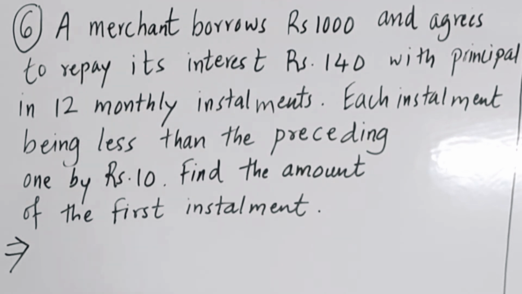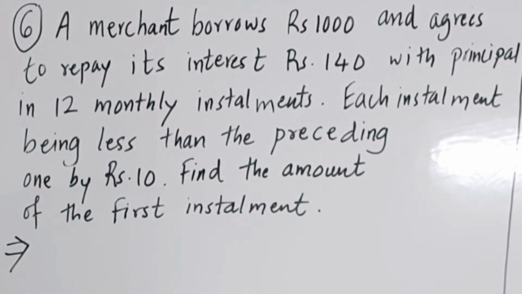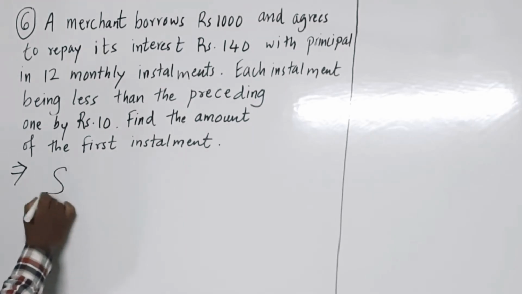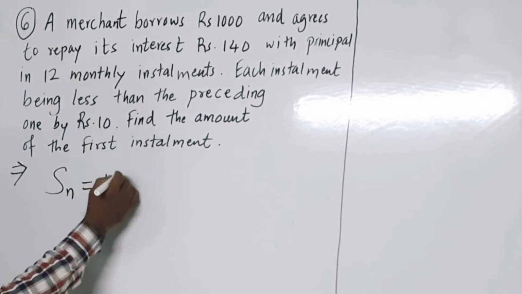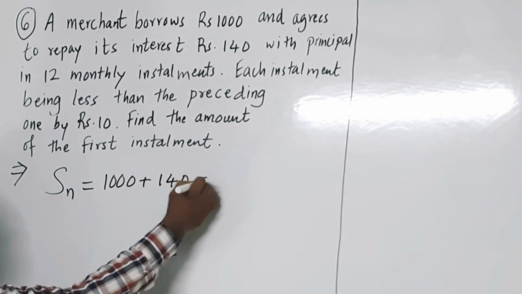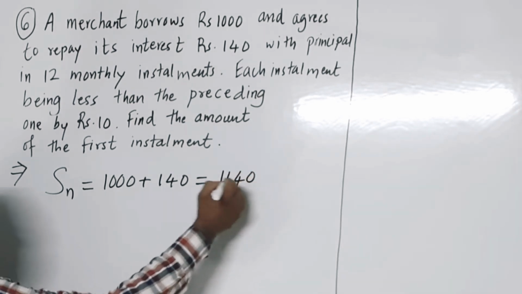This example is based on arithmetic progression. So here the borrowed amount is the principal amount and 140 is the interest. So the total sum, that is Sn, is equal to the borrowed amount, that is principal amount, plus interest 140, which is equal to 1140 rupees.